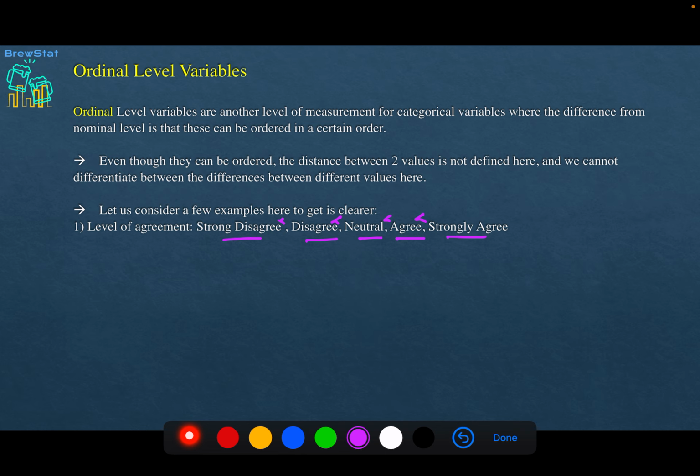So we are able to arrange them in a particular order, and this arrangement also means something clearly, that we have a scale of agreement in terms of a particular subject, and this agreement ranges from strongly disagree to strongly agree, and therefore there is a particular order in these kinds of values.